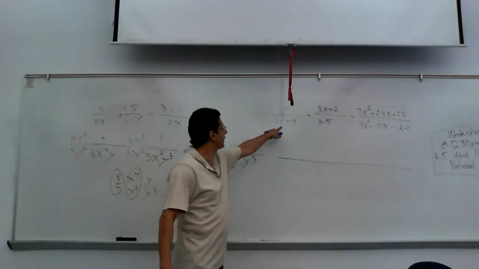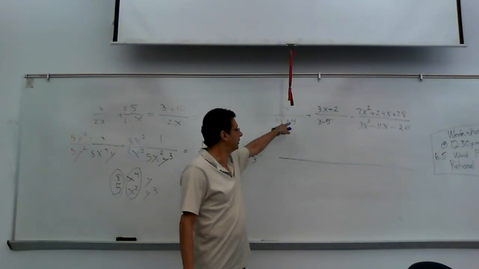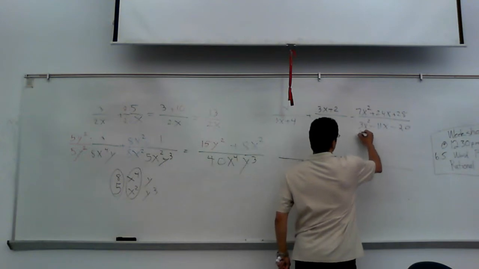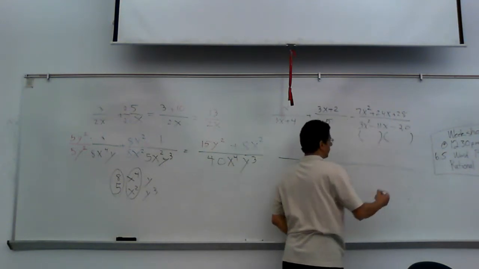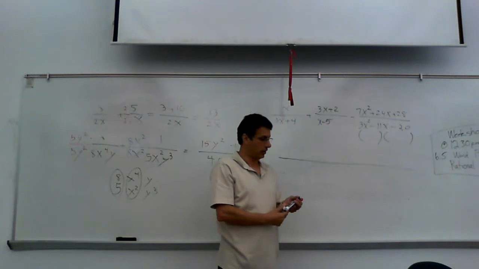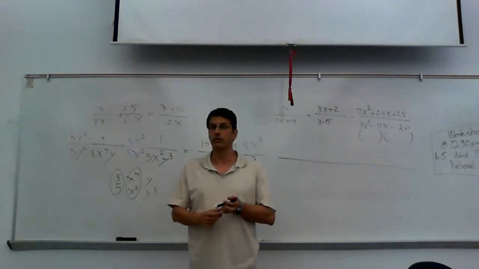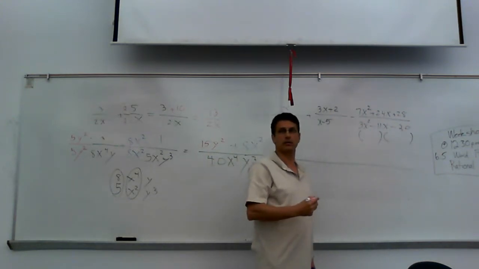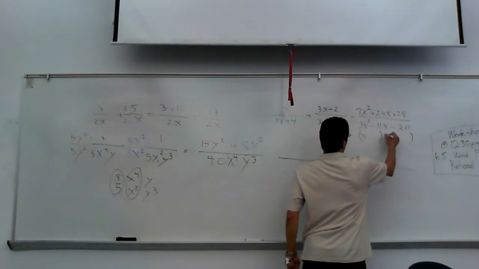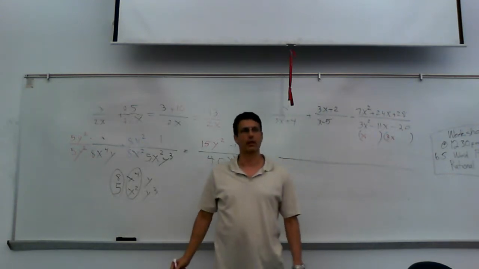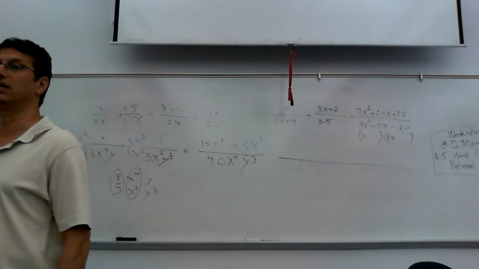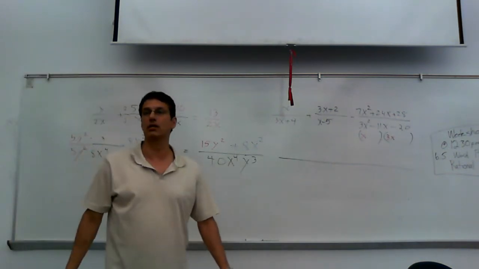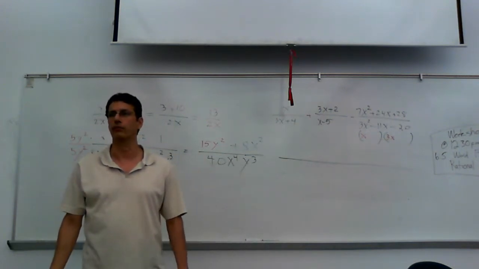The first one, can I factor it? Done. The second one, can I factor it? Look at the last one. Is there any GCF? The last one. 3 is a prime number, yes? So x and 3x. Now all I have to do is work with C, negative 20, and cut it into pieces, 1 and 20, 2 and 10, and you continue.